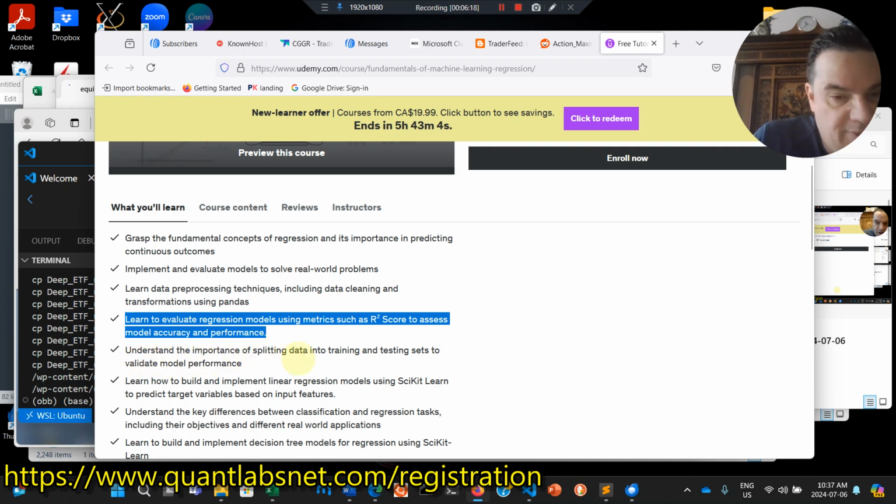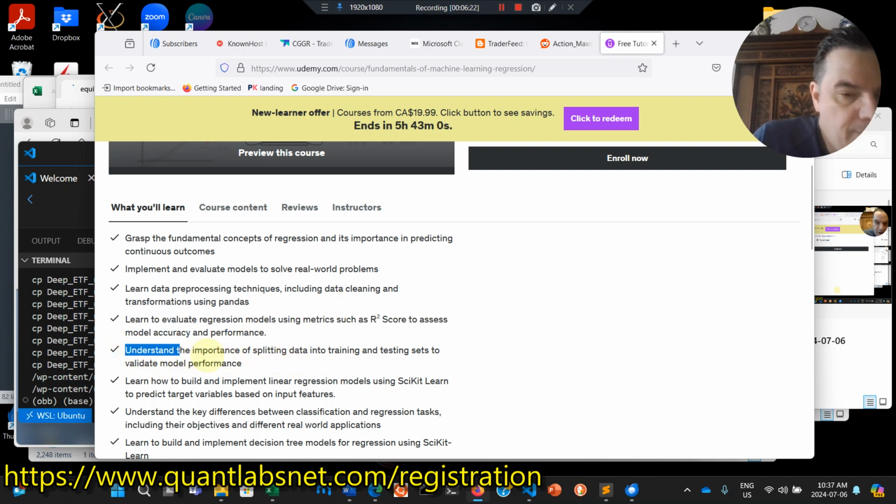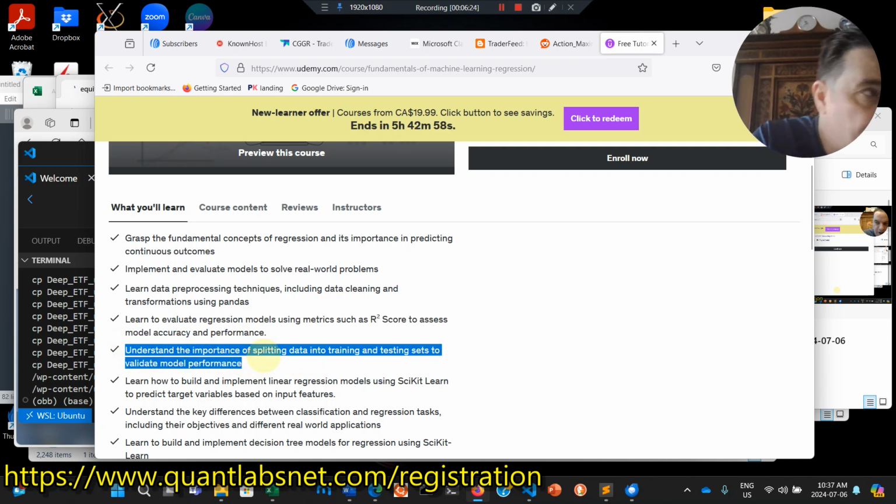Understand the importance of splitting data into training and testing sets to validate performance. Usually, what this means is that, regardless of whether it's MATLAB, Python, or the standard, you have a data set and you can back test that data set.